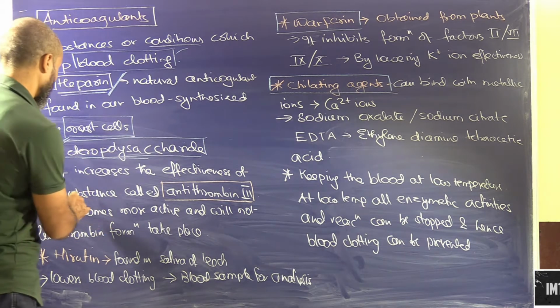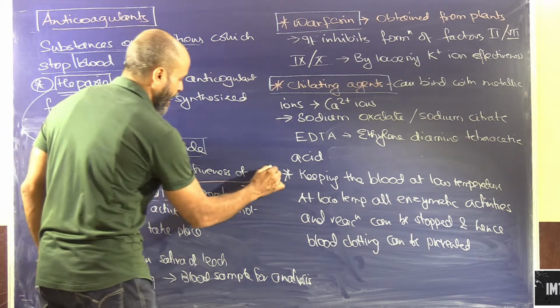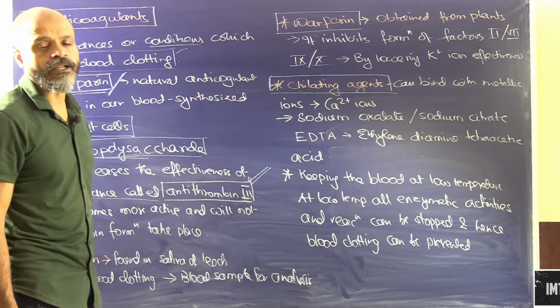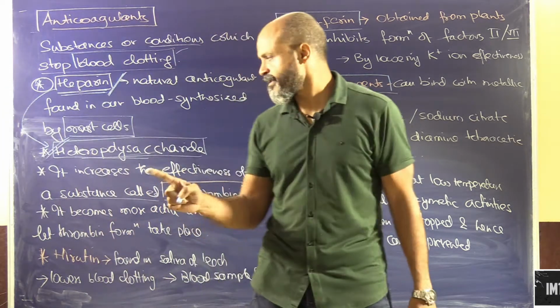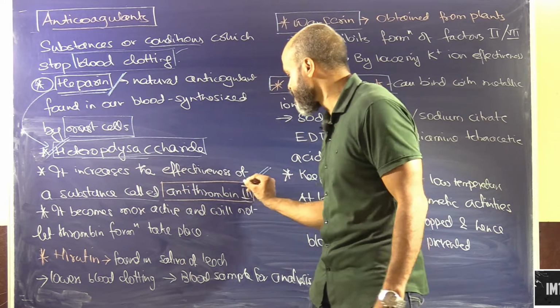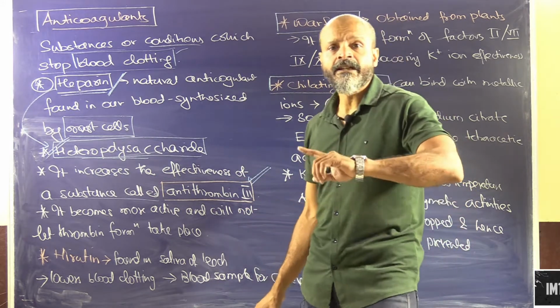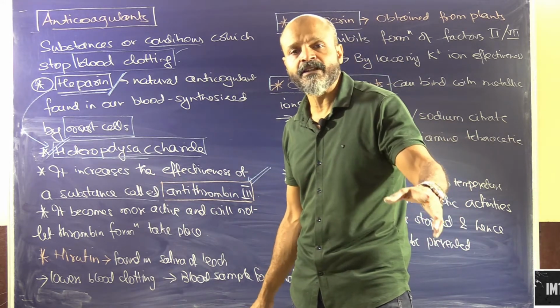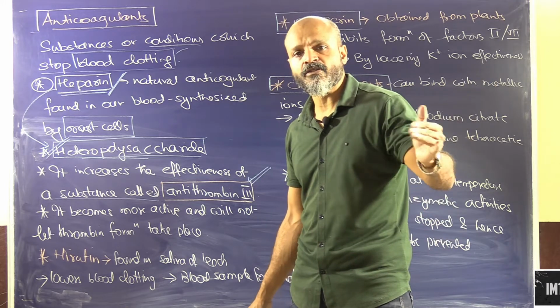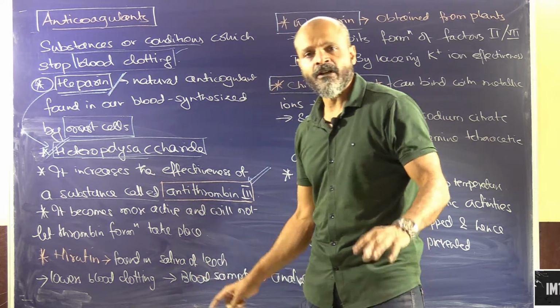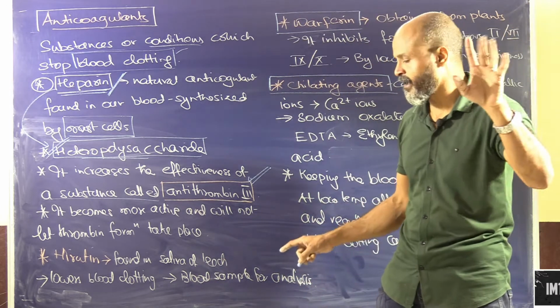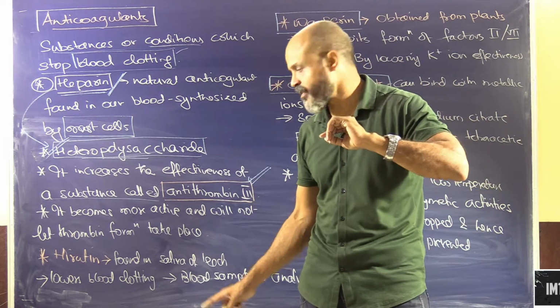It increases the effectiveness of a substance called antithrombin 3. If you remember, thromboplastin, thrombin, and so on. We are not going to do the entire cascade mechanism, but thrombin is essential for the formation of blood clotting.